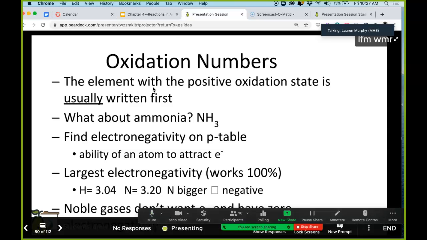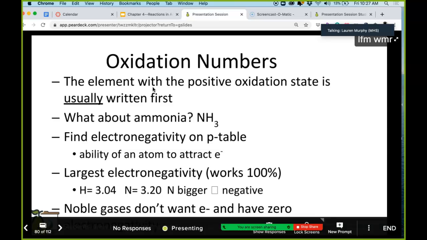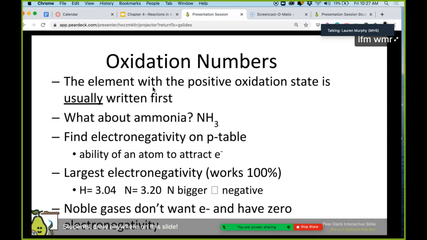In order to figure out who gets to be the negative charge, you have to use something called electronegativity. Electronegativity is how attracted an element is to an electron. The more attracted an element is to an electron, the more chance it's going to have of having the negative charge. Generally, in most compounds, the first element that is written is the positive one, and the next ones are the negative ones. But this isn't always true.